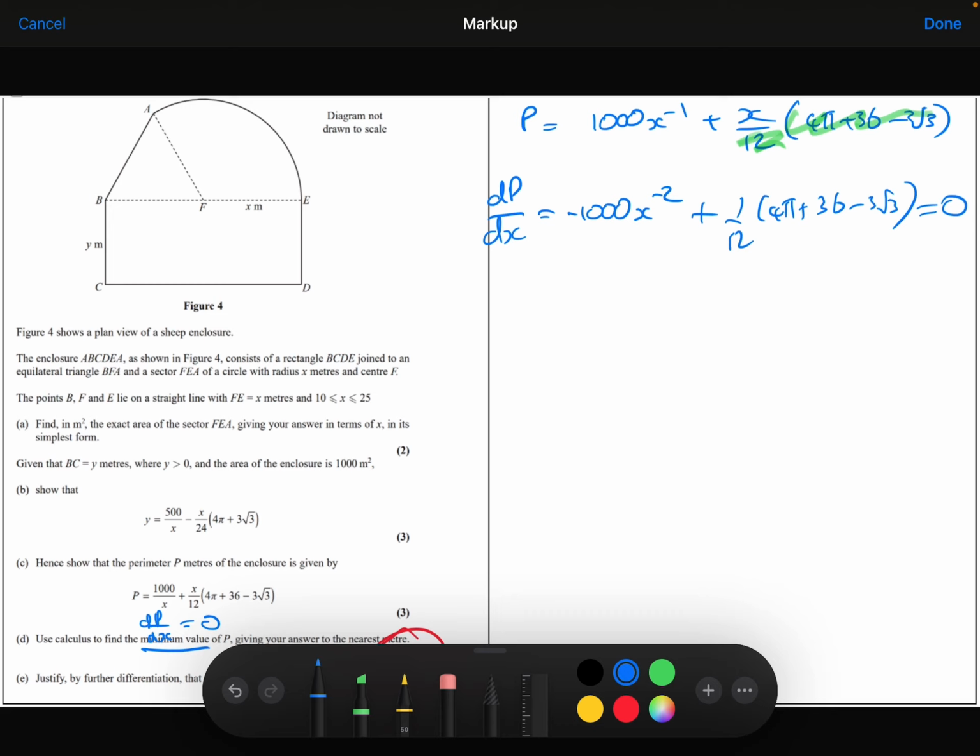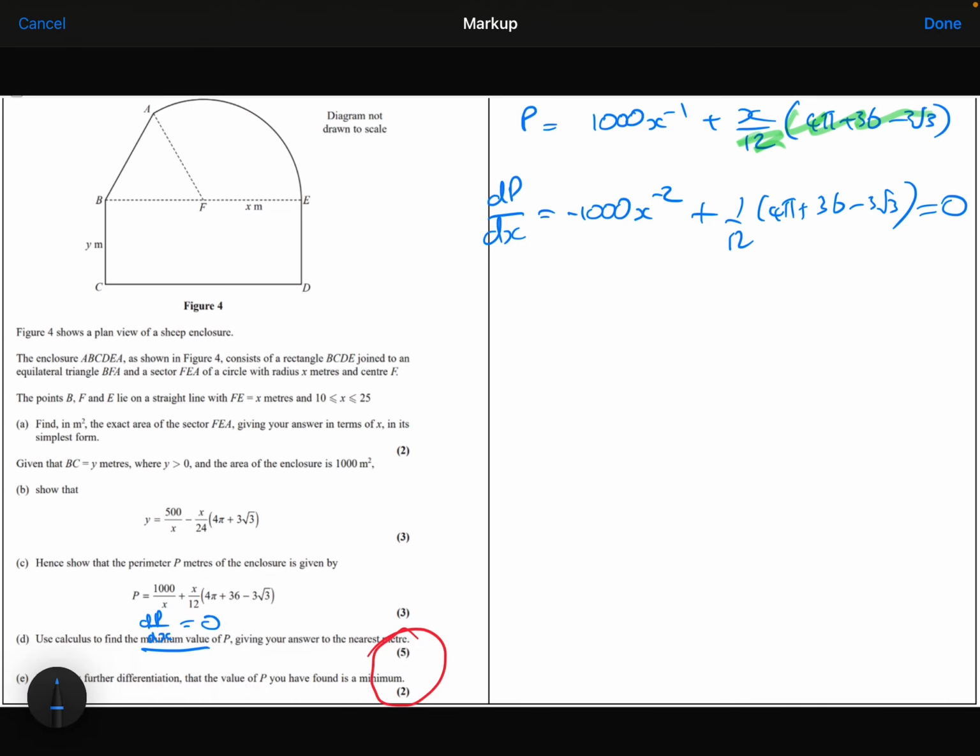So now we want to solve this equation to work out x. Now, a bit awkward at the moment with that minus 2 power. I don't like that being there when I solve equations. I like it for differentiation, but I don't like it for solving. So underneath here, I'm going to rewrite this as minus 1000 over x squared.